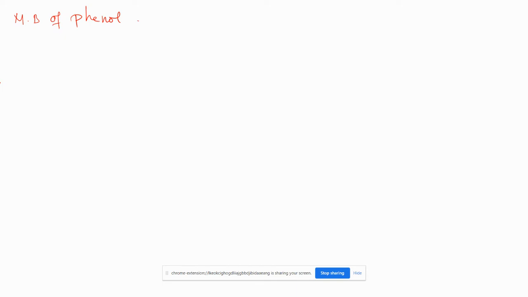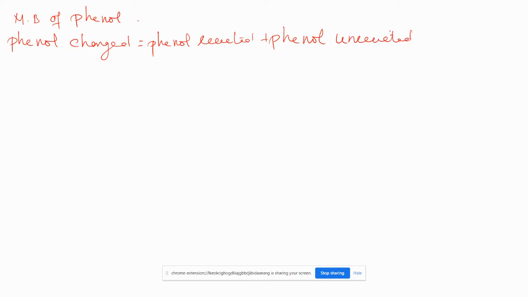Okay, material balance of phenol. So that is phenol charged is equal to phenol reacted plus phenol unreacted. Okay, phenol charged is equal to phenol reacted plus phenol unreacted.